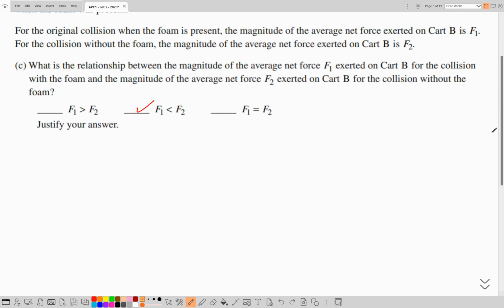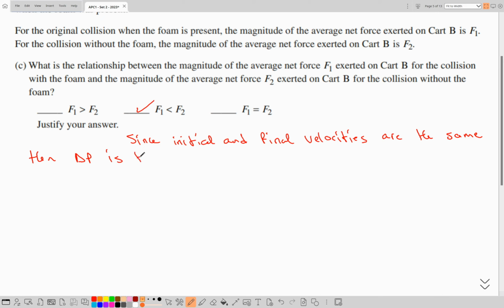Now let's justify. We will say since initial and final velocities are the same, then delta P is the same for each cart.